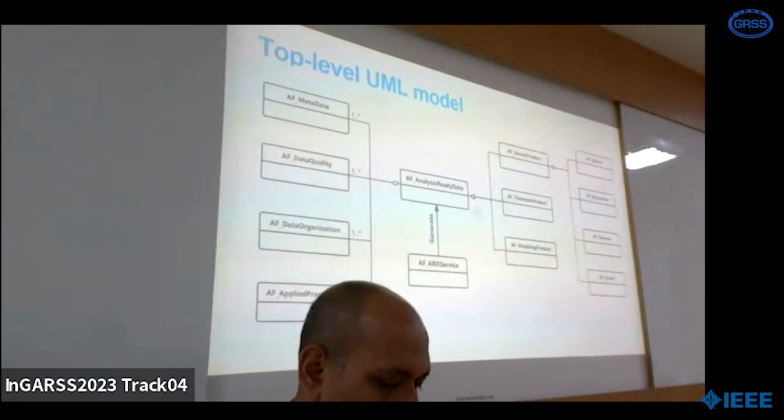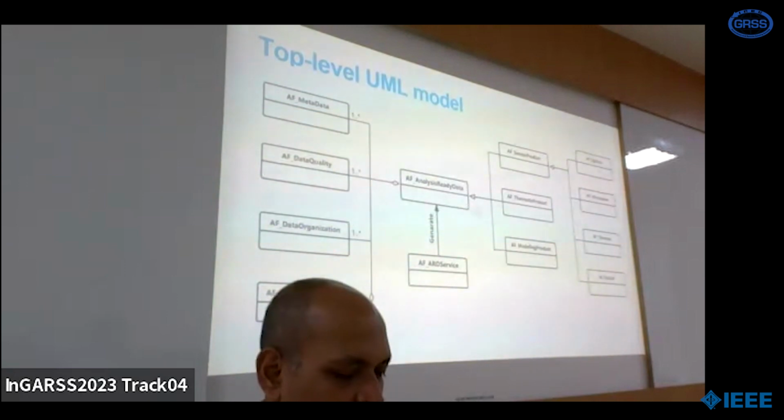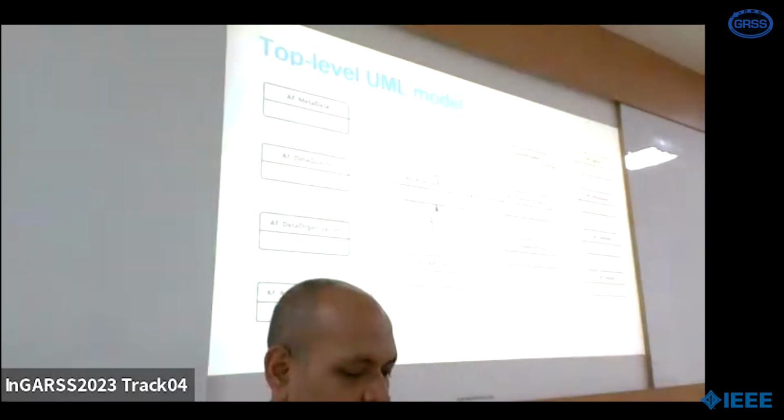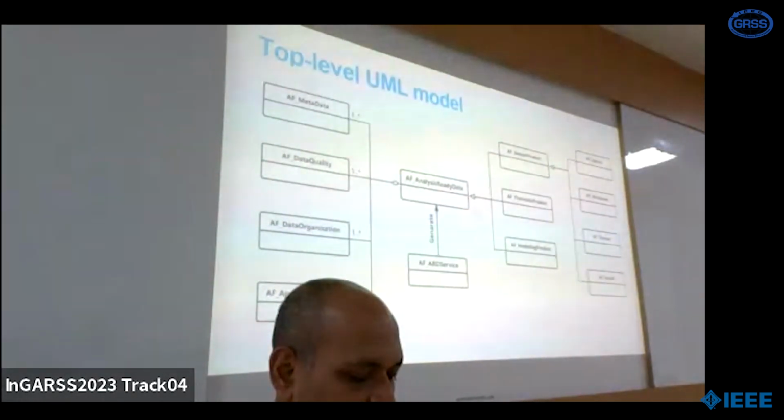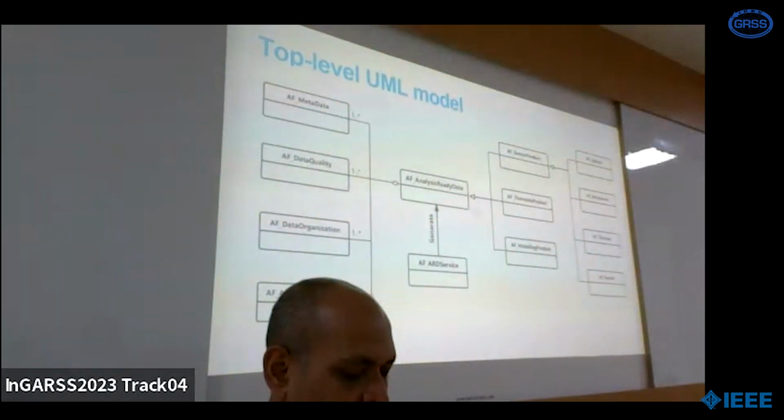But the first subclass or specialized class will inherit all the classes already defined in the parent class. So we use a hierarchical development approach to avoid redundant and repeated definitions in the child classes. So we use an object-oriented approach in this.